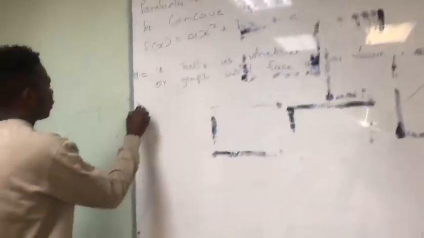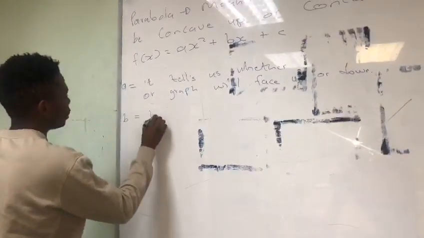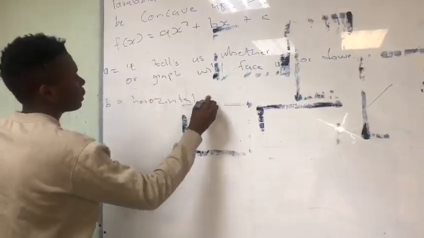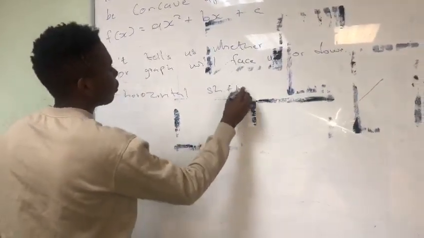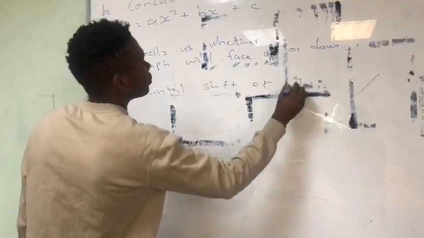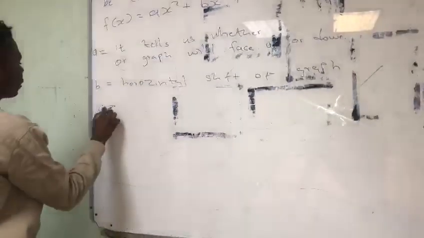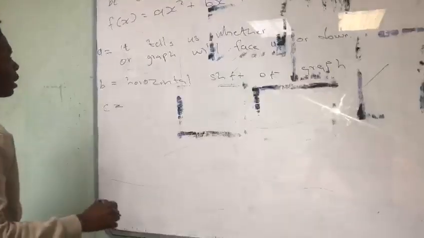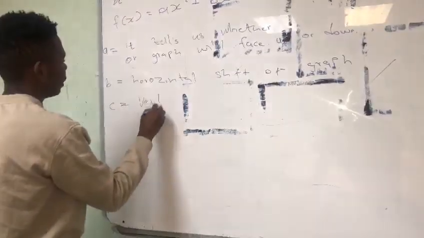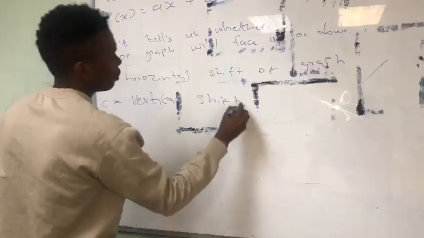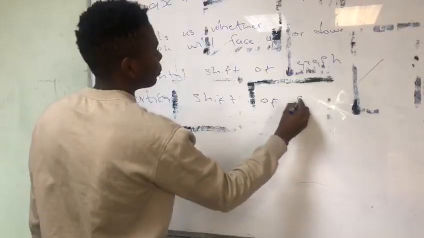Our B is our horizontal shift of the graph. Then our C is our vertical shift of the graph.